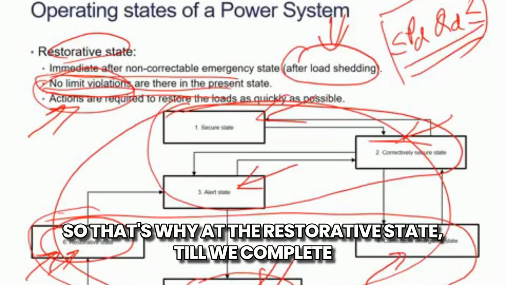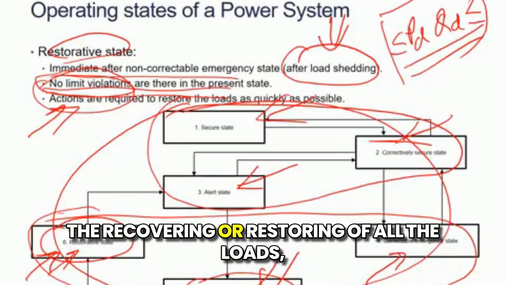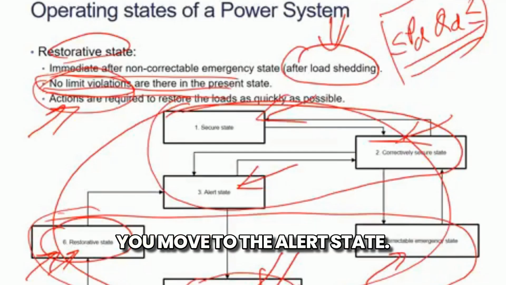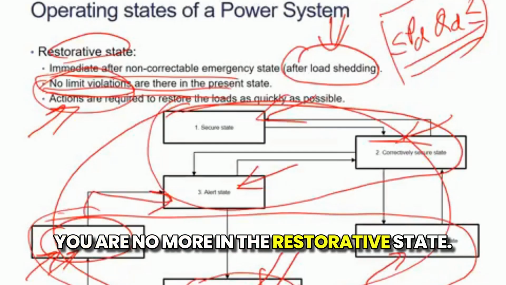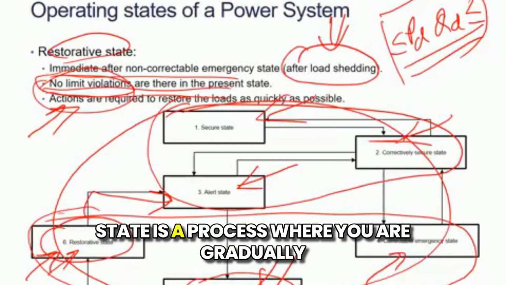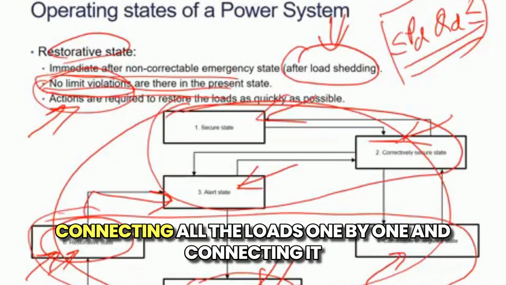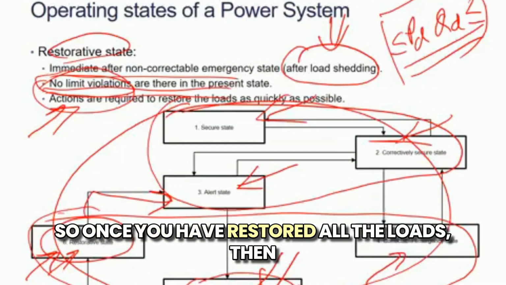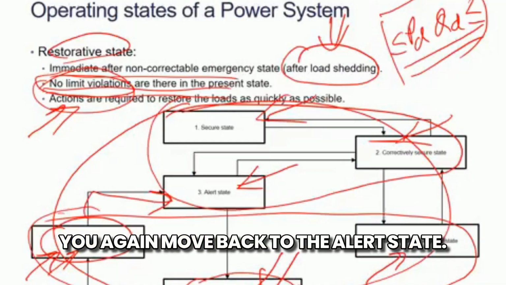So in the restorative state, till we complete restoring all the loads, and as soon as you recover all the loads, you move to the alert state. You are no more in the restorative state. The restorative state is a process where you are gradually connecting all the loads one by one, switching them on one by one. So once you have restored all the loads, you move back to the alert state.